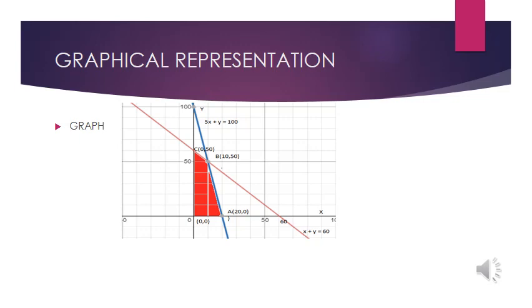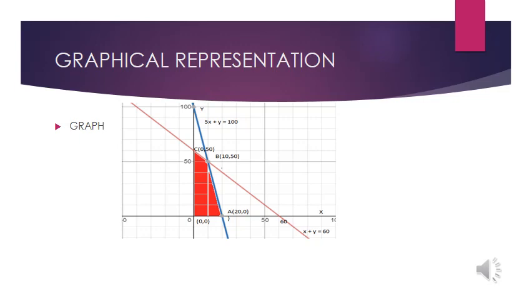After drawing the straight lines for the equations 5x plus y equal to 100 and x plus y equal to 60, mark the feasible half planes and then shade the common feasible region. In this problem, the region OABC is the feasible region for the problem.